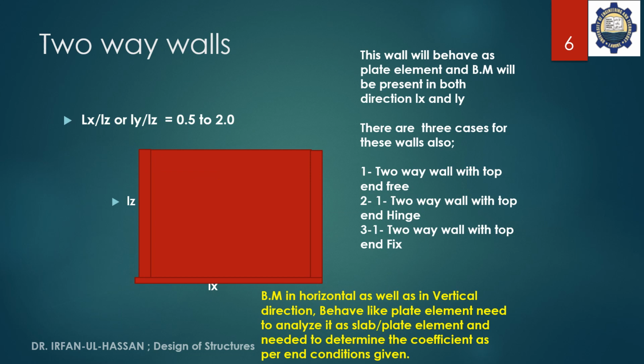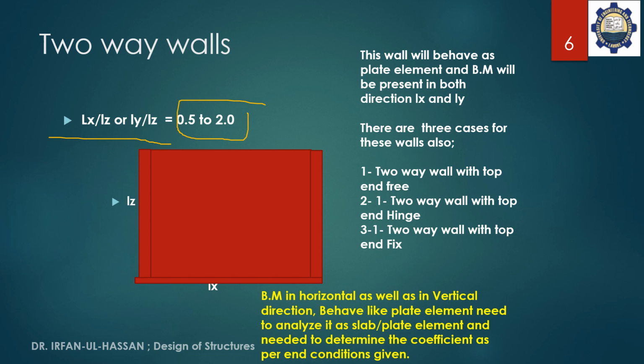Now next are the two-way walls, when Lx over Lz or Ly over Lz is larger than or equal to 0.5 but lesser than 2, so 0.5 to 2. When these are the values, then the behavior is not one way in the vertical direction nor in the horizontal direction.